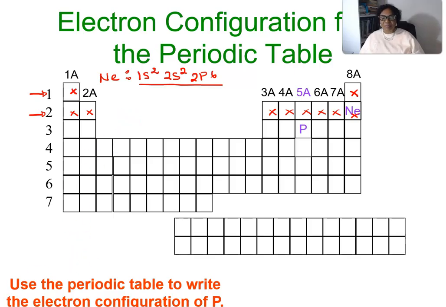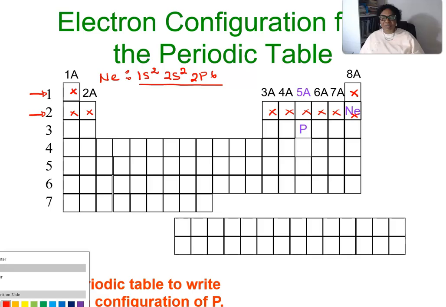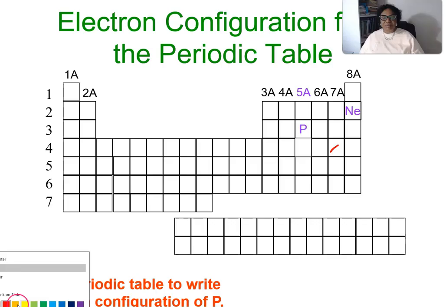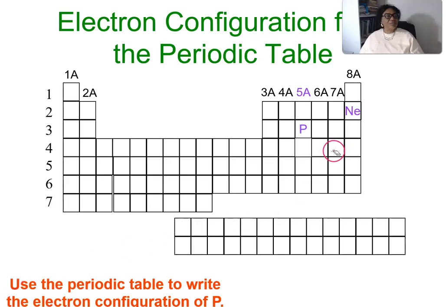We'll do one more example. We have done for phosphorus, we have done for neon. Let's try and do for, I don't know what this element is. I'll just put element. Or I can check.